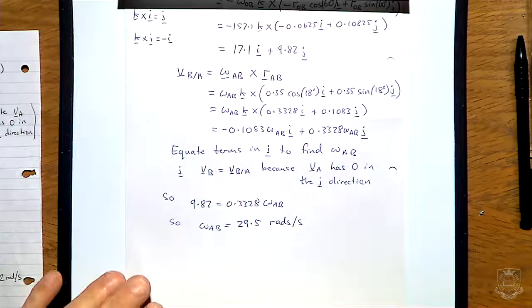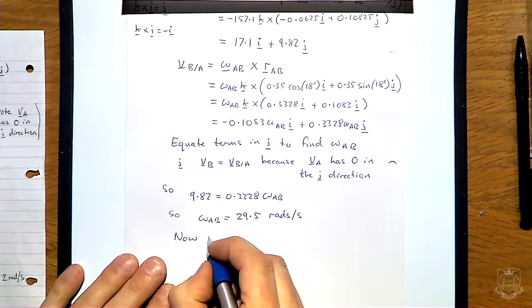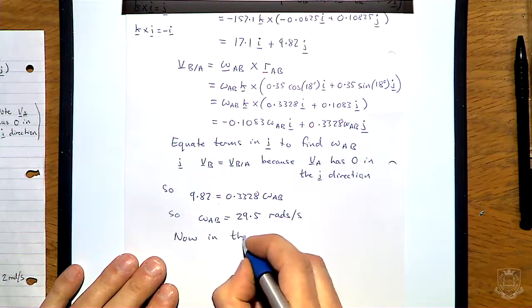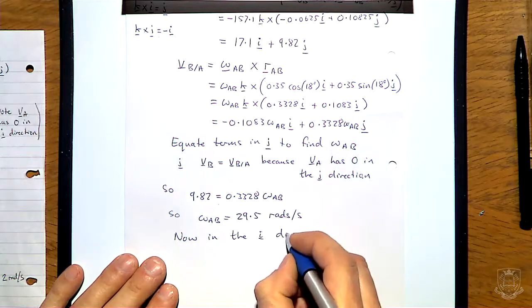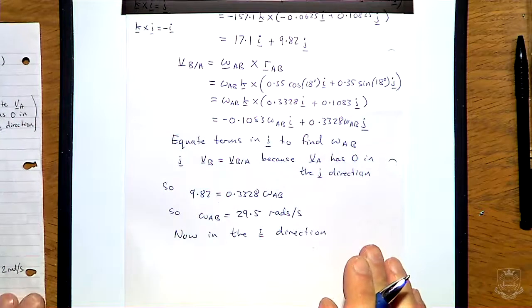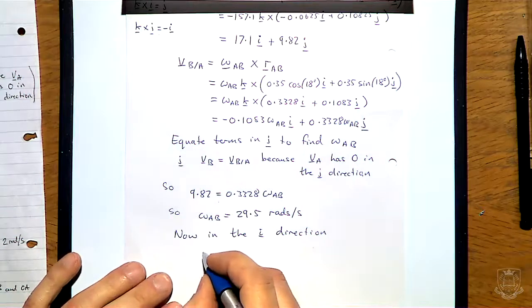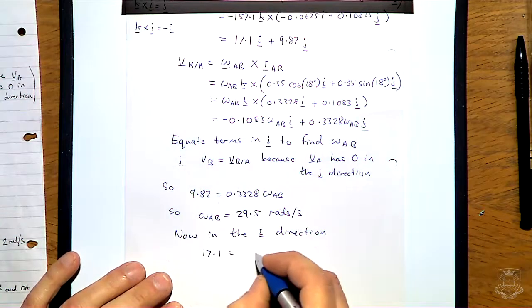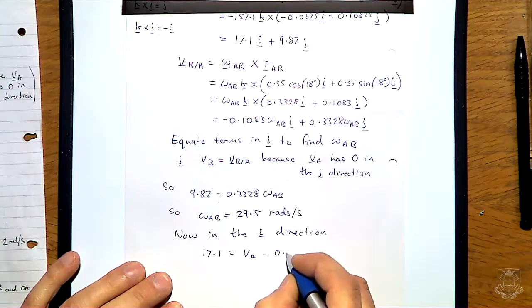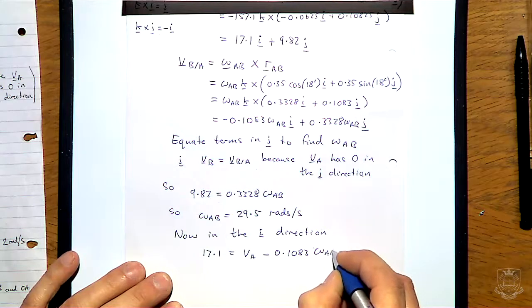So now, in the I direction, we've got 17.1 is equal to VA minus 0.1083 omega AB.